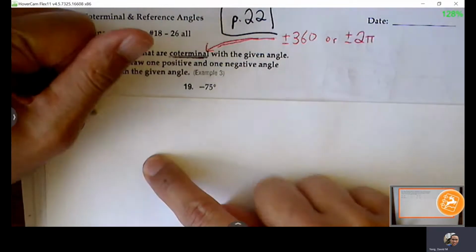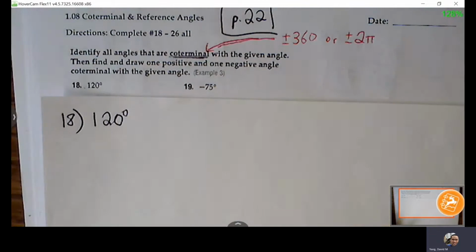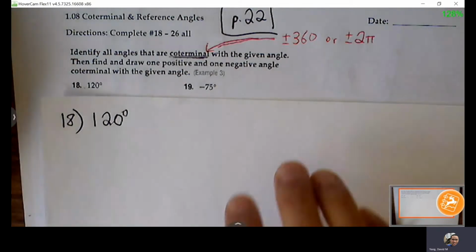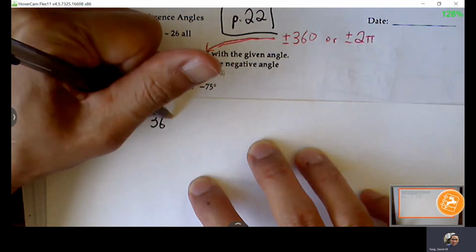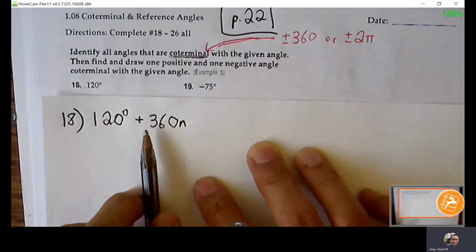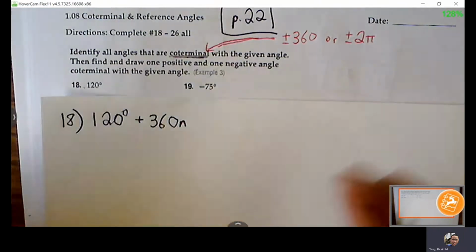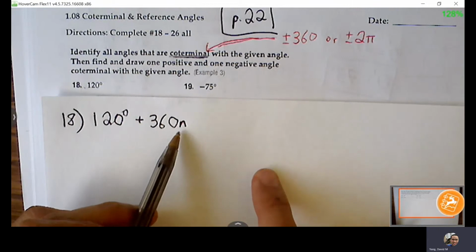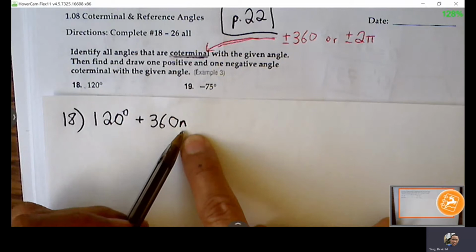So we're going to say 120 degrees. If I want to represent all the possible coterminal angles, I'm going to write it out this way. So 120 degrees plus 360n, and that just means that we're going to add multiples of 360. But we want n to be any positive and negative whole numbers. So technically, we want our n to be an integer.